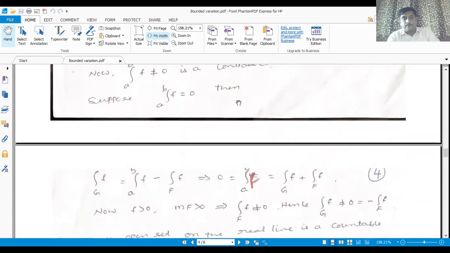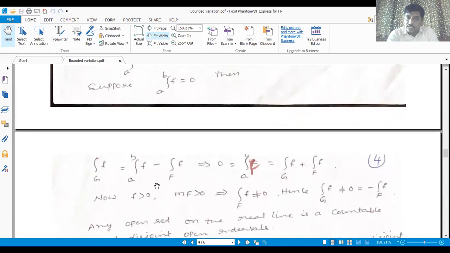Using that, this implies 0 is equal to the integral over a to b of f, which is equal to the integral over G plus the integral over F. Rearranging, the integral over a to b of f is equal to the integral of f over G plus the integral of f over F. If f is greater than 0, definitely the measure of F is positive, so it is not equal to 0.